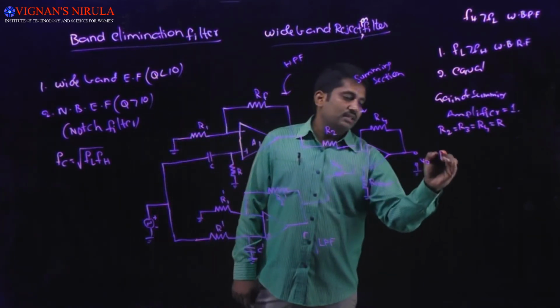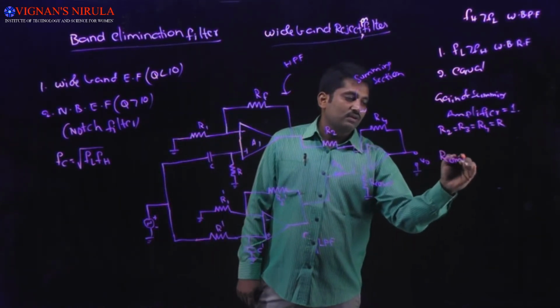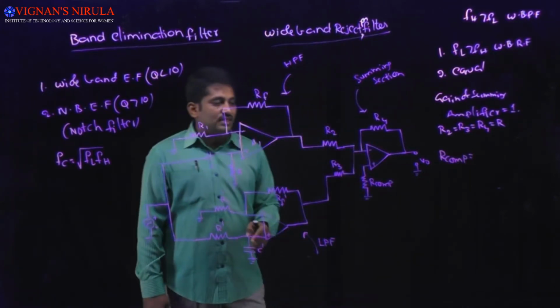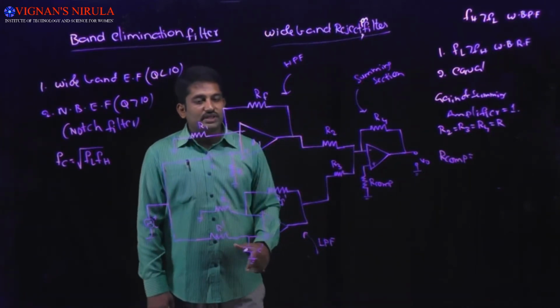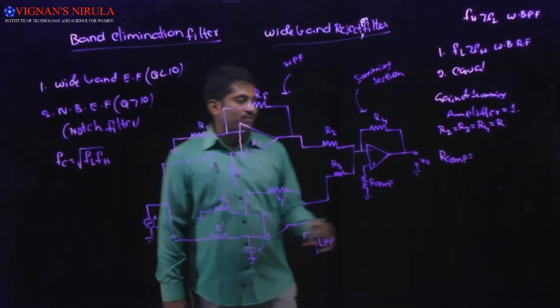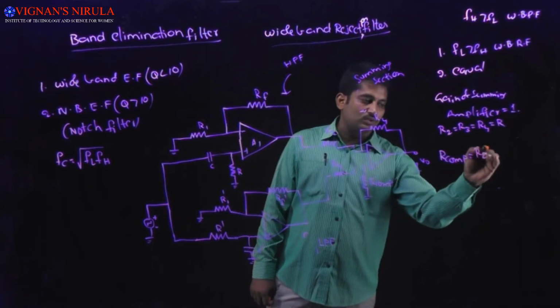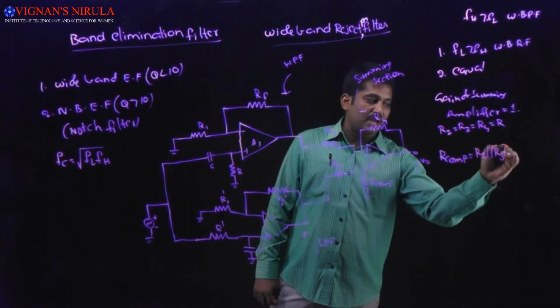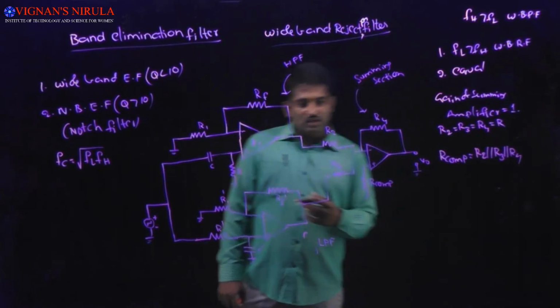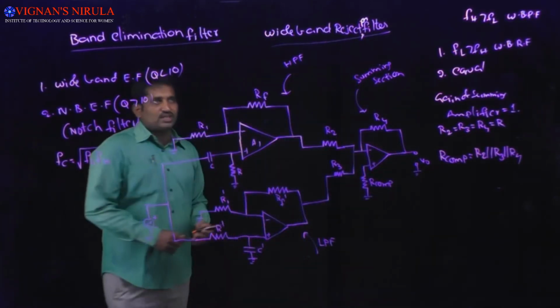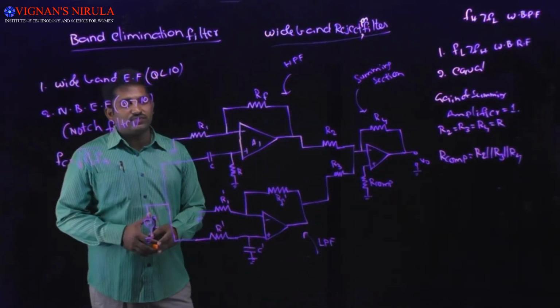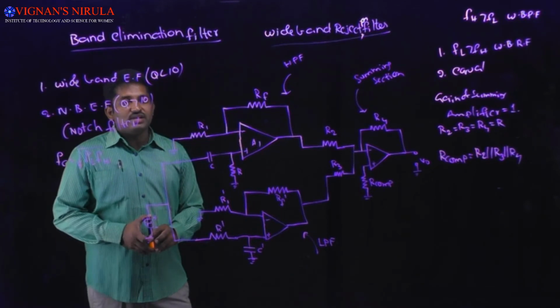And the compensation resistance R, which is connected to the non-inverting terminal of the summing amplifier, will be taken as R2 parallel R3 parallel R4.